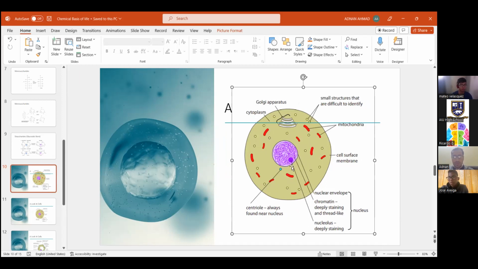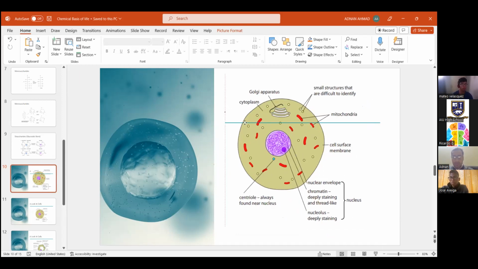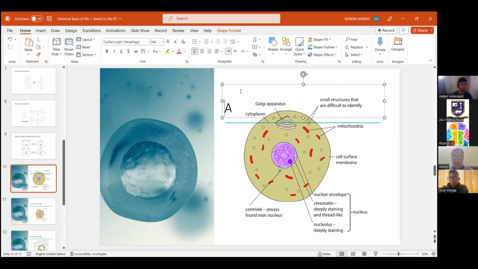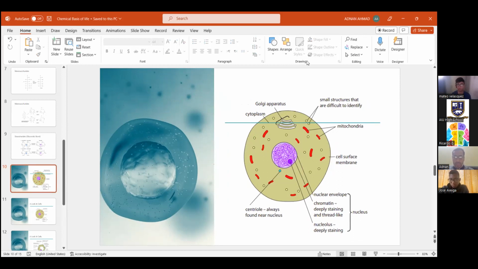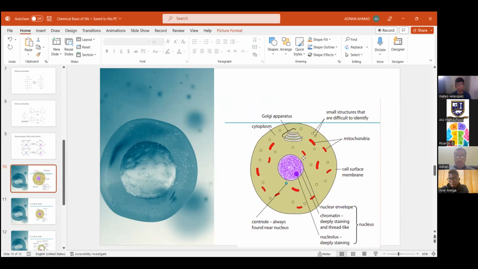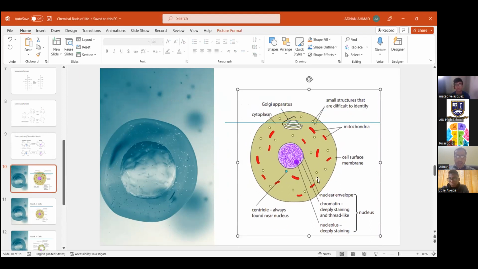Donato, Soria, sorry guys if I'm pronouncing your names a bit incorrectly. As the class proceeds, I'm sure I will get all of your names correct. So how did you guess that this is an animal cell and not a plant cell? How did you know that?